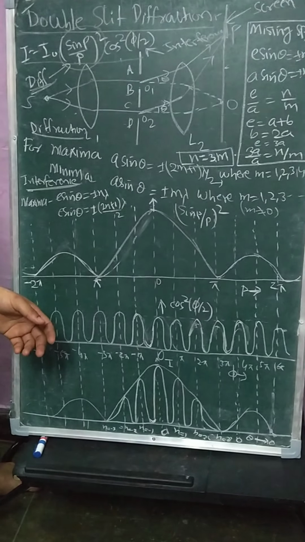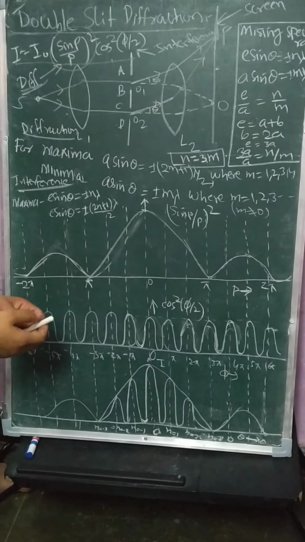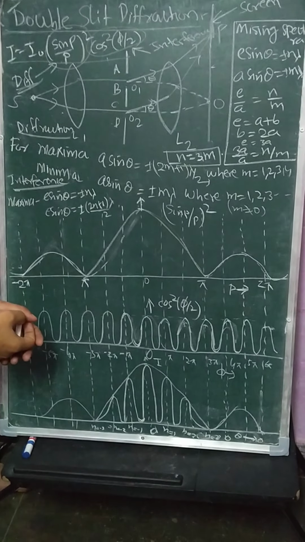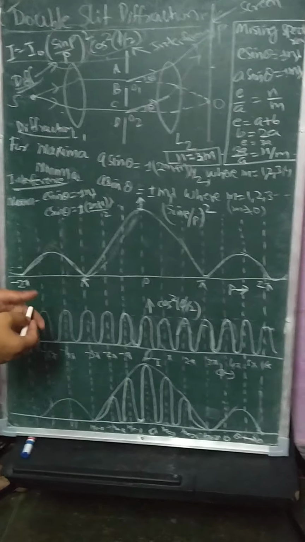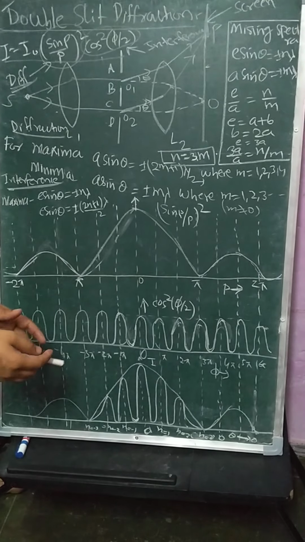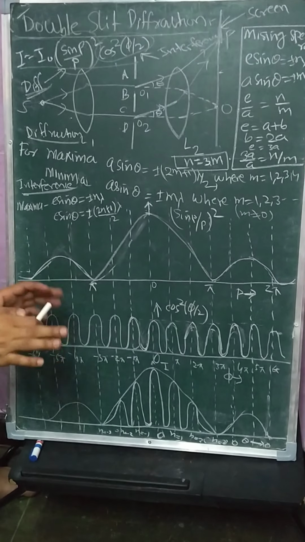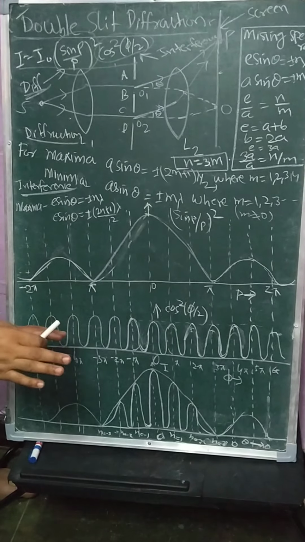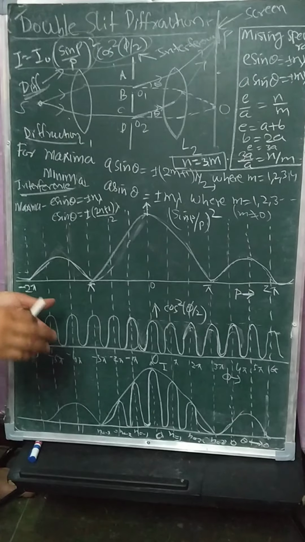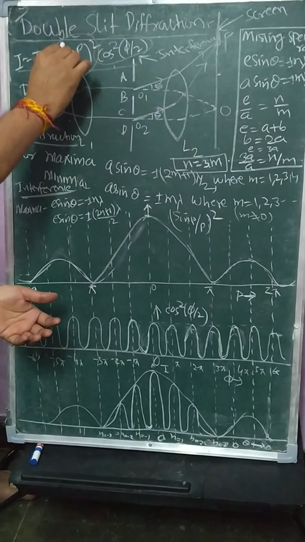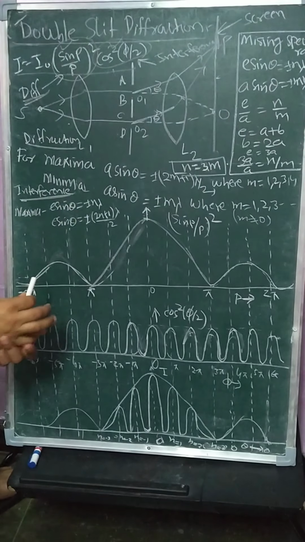Because of diffraction this step is the total, and this step is interference, because of interference we are discussing the graph. Both are mixing in double slit, but single slit is totally diffraction; starting from double slit, three slit and N slit, both steps are there, diffraction step and interference.